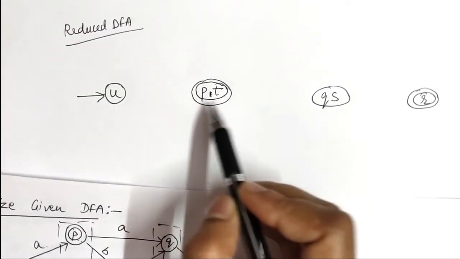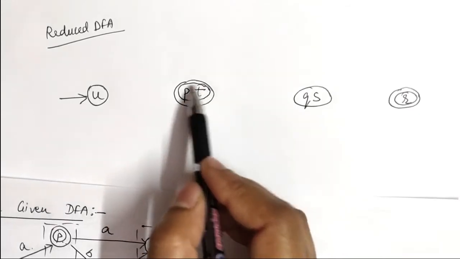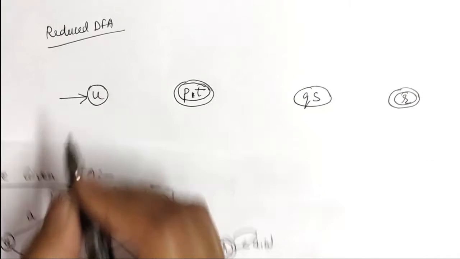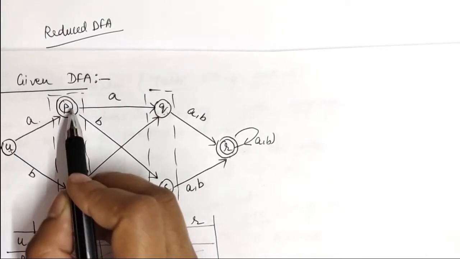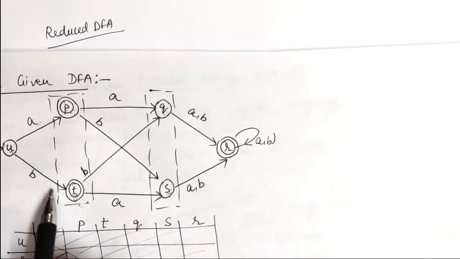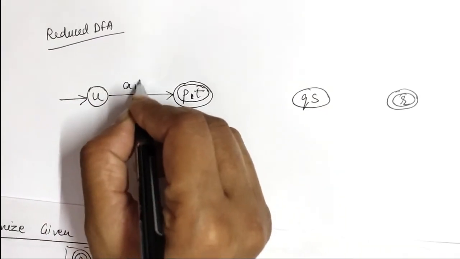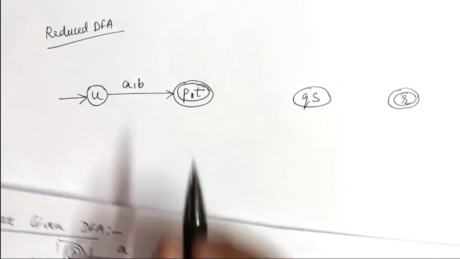So we create this PT, which is a single state, as a final state, and R is also a final state. Now see here, U is the initial state. U with small a input goes to P, and U with small b goes to T. So this means that U with a and b goes to PT.